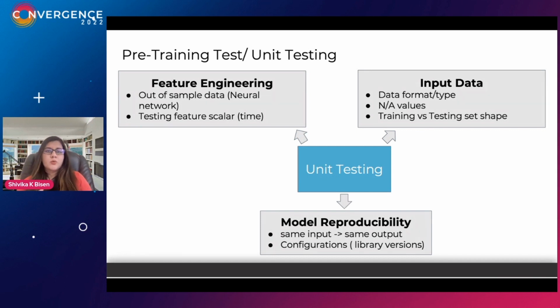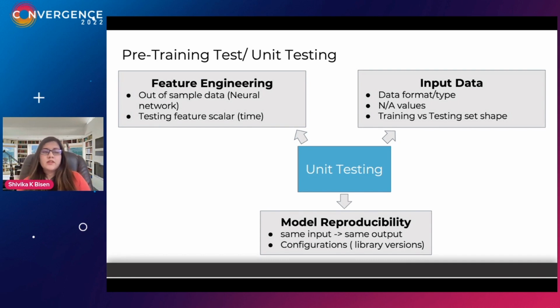Suppose you trained your model with data of just cats and dogs, and then the test set has something very different, which is not a cat or a dog, it's a rabbit, right? So how will the model understand it? It can't classify because it hasn't really seen it, something which is out of sample data. It hasn't learned about it. So all of these things have to be taken into consideration when doing feature engineering. Once you do feature engineering, you have to test: can your model handle this out of sample data?